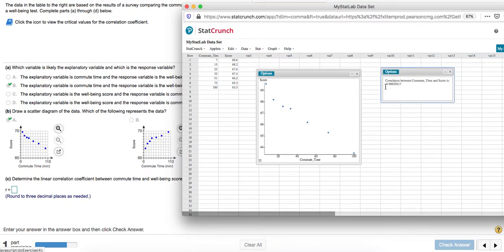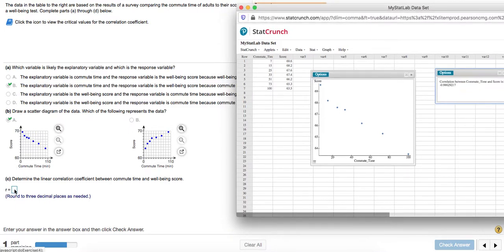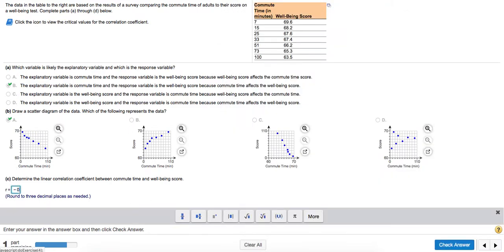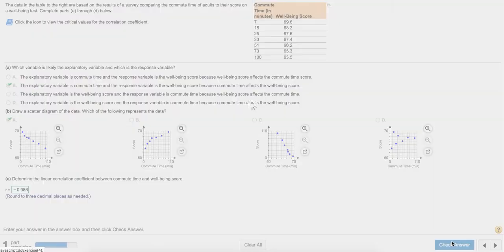And it is negative. It's very close to -1, -0.9862. As we're asked to round to 3 decimal places, that's going to be -0.986. And I'll check my answer.